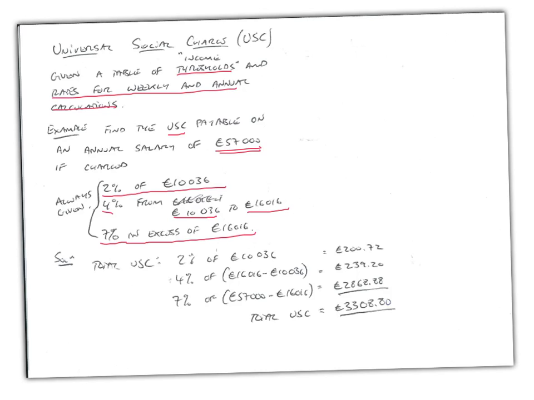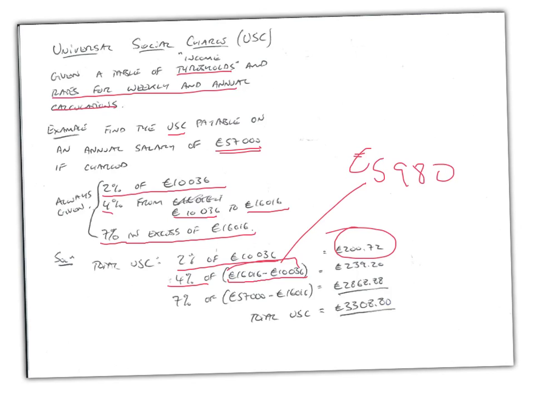So we simply just find 2% of the first 10,036 euros, that's 200 euros 72 cent. We then find 4% of the difference between 16,016 and 10,036, and it's always going to be this difference. That's always 5,980 for these. And for the weekly ones, it's always this middle band, 115 euros.